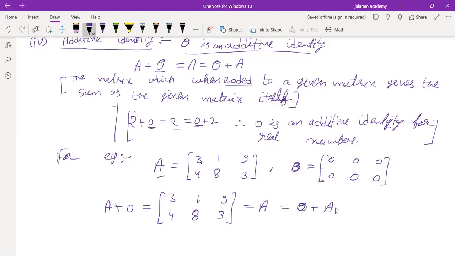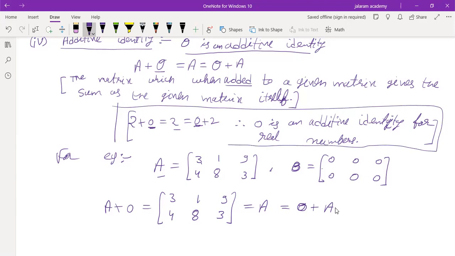Similarly, the null matrix is the additive identity for matrices. Understood, everyone? Yes. Written? Additive identity. Yes, sir. Right, fifth example.